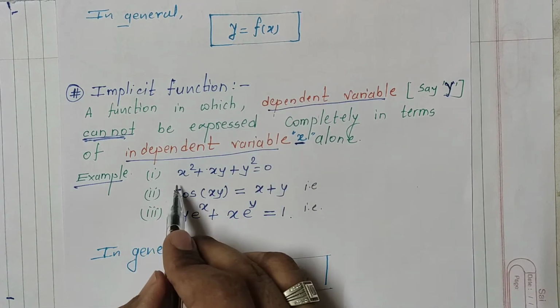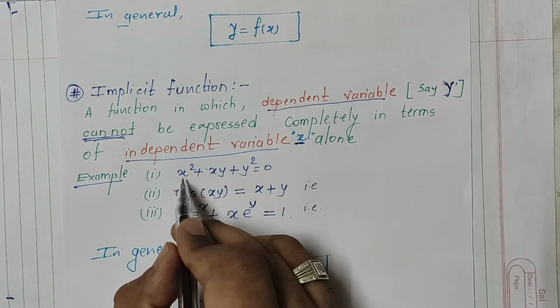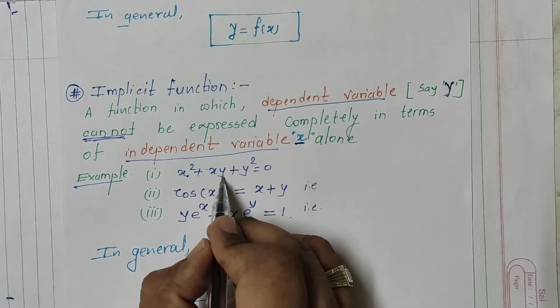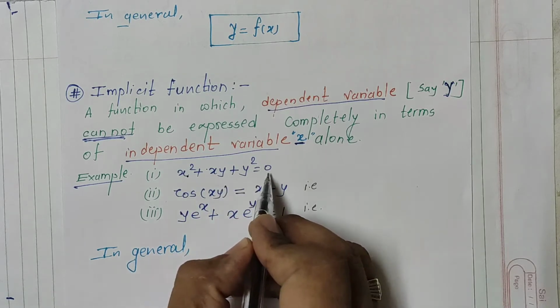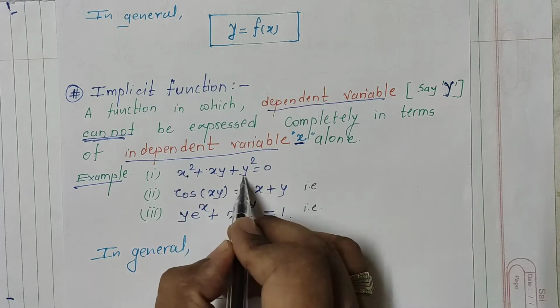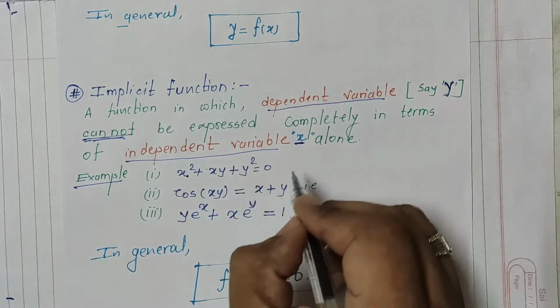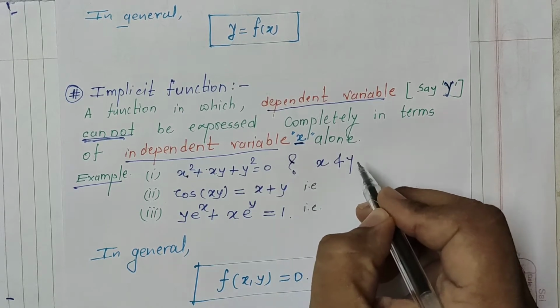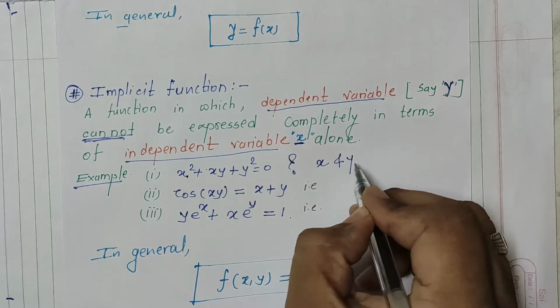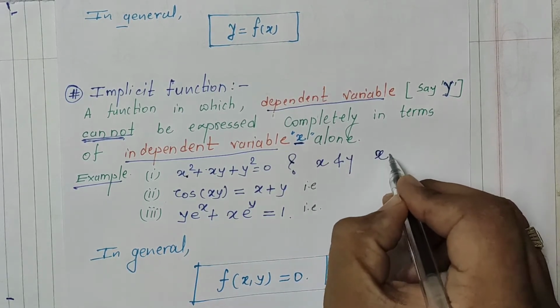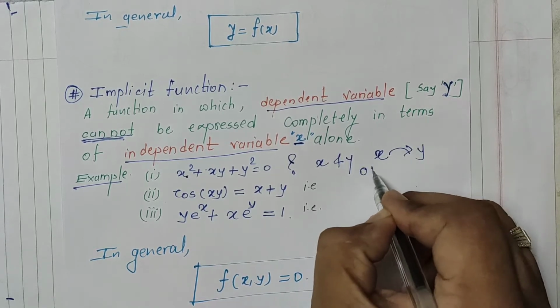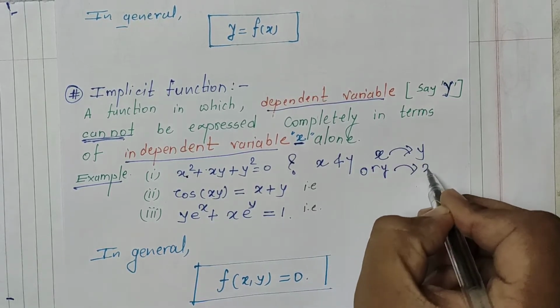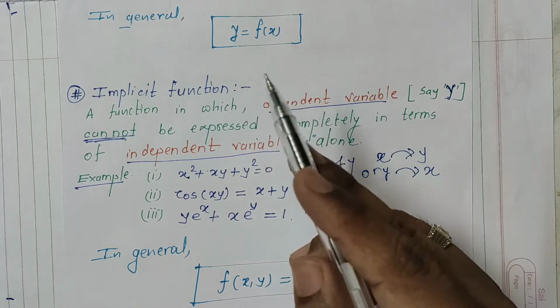Example, first one, x square plus xy plus y square is equal to 0. This type of function is called an implicit function. Why? Because here we cannot separate x in terms of y or y in terms of x. Therefore we call it implicit function.